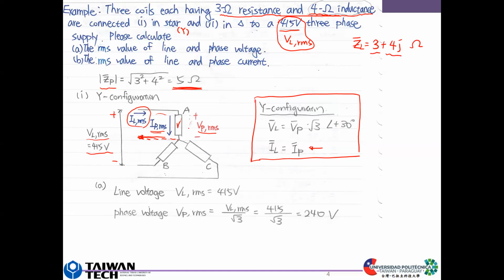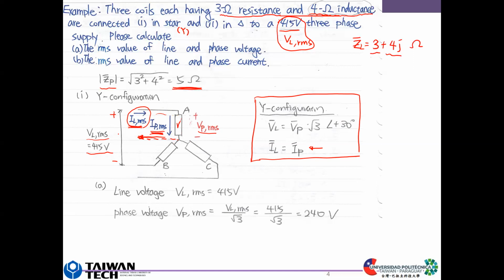Once you are asked about one kind of configuration, you draw this shape. When you finish, you will figure out that either the current is the same or the voltage is the same. In this case, the line current and phase current are the same, and the other is the voltage.